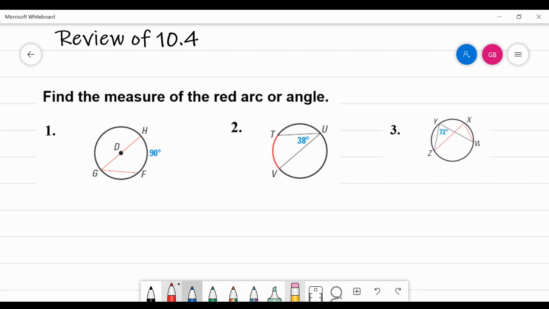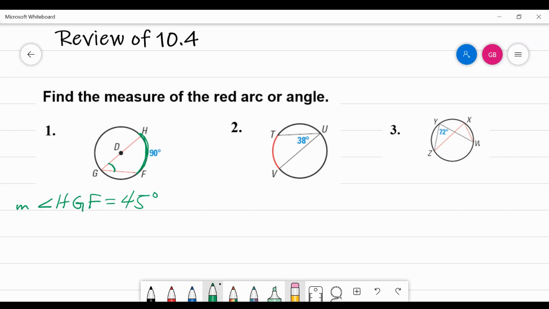So this angle here is half of the arc. So if the arc is 90, that means that angle HGF is 45 degrees, half the measure of the arc.